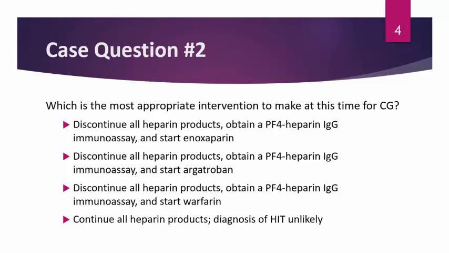Is it to discontinue all heparin products, obtain a PF4 heparin IgG antibody and start enoxaparin? DC all heparin products, obtain a PF4 heparin IgG antibody and start argatroban? DC all heparin products, obtain a PF4 heparin IgG antibody and start warfarin? Or continue all heparin products as a diagnosis of HIT is unlikely?